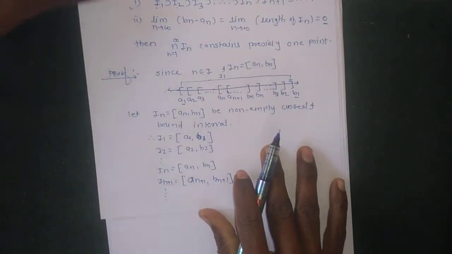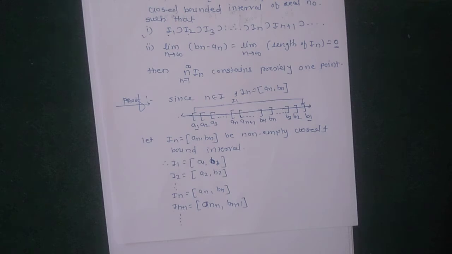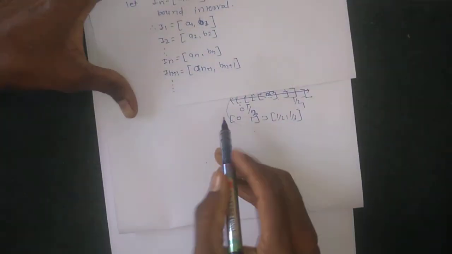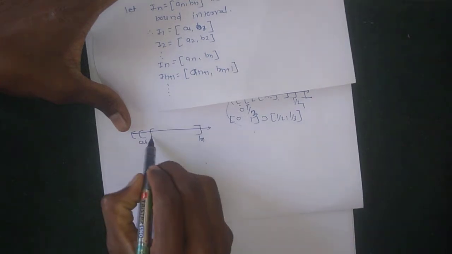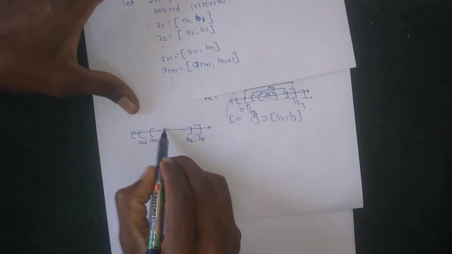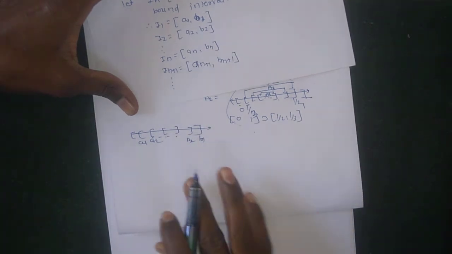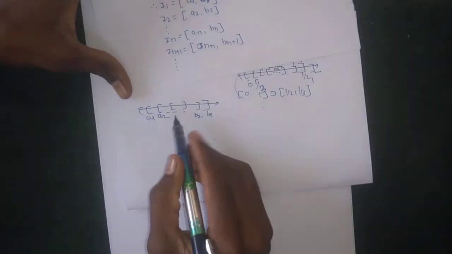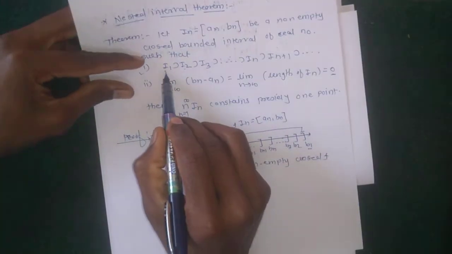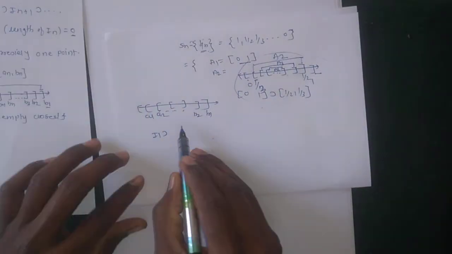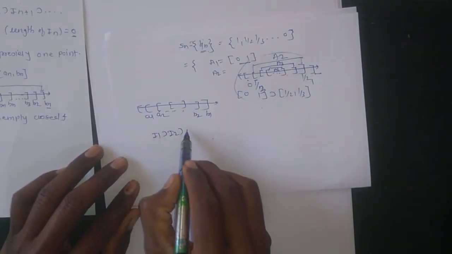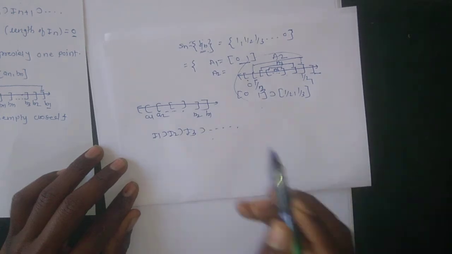Here the hypothesis is given: I1 contains I2, which contains I3, and so on.